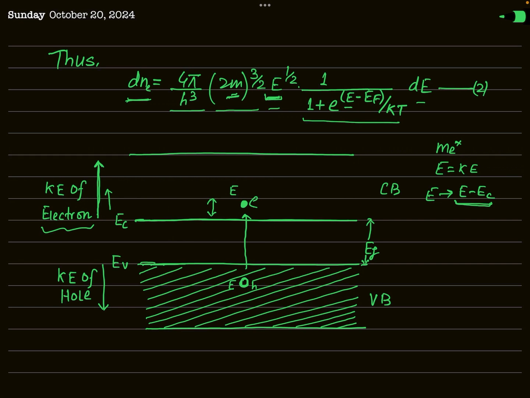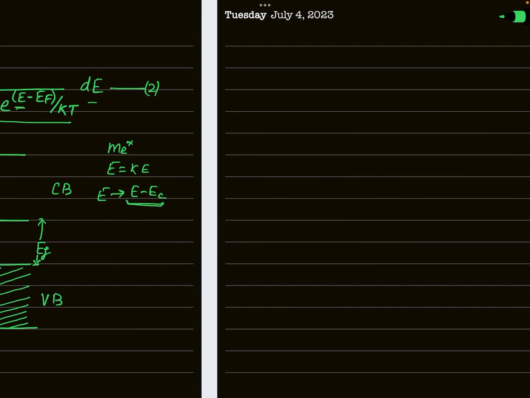But we will not change this E which is in the power of the exponential factor.